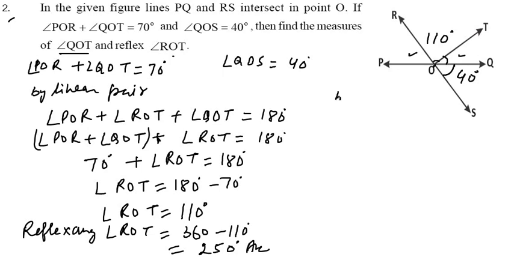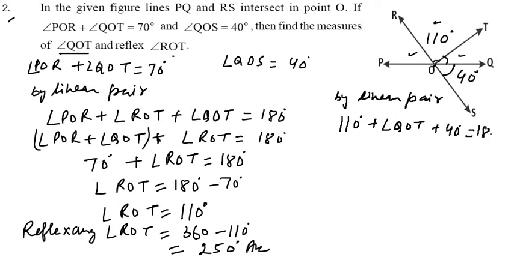Once again, by linear pair, this angle is 110, and this is the QOT, and this is the QOS. The angle sum is 180 degrees. So you can write here 110 plus angle QOT plus 40 degrees is equal to 180 degrees.